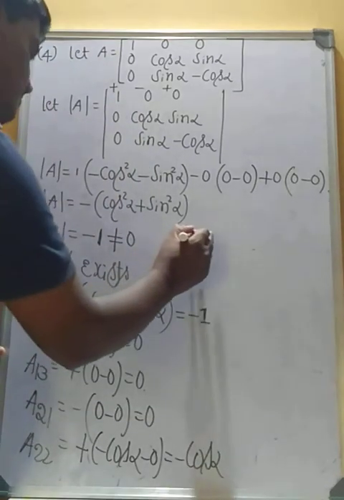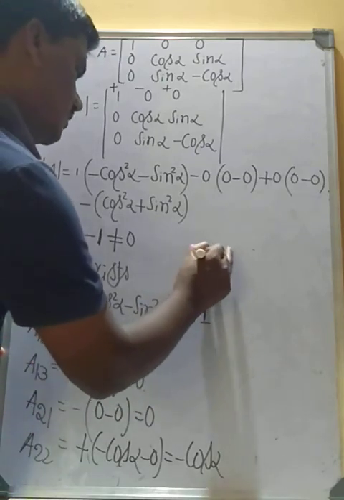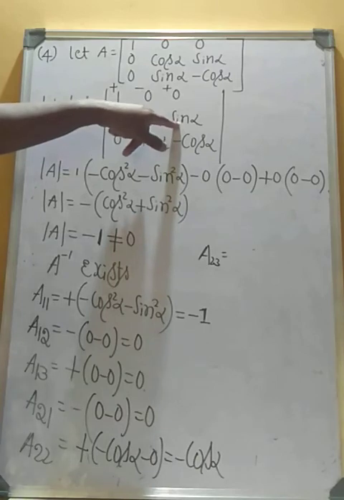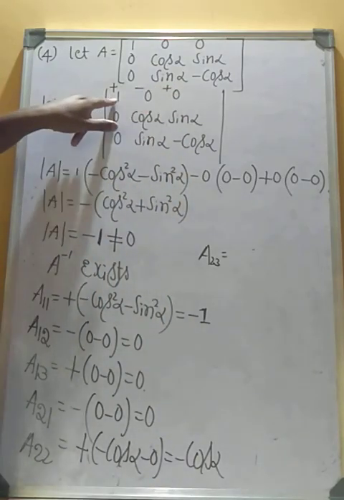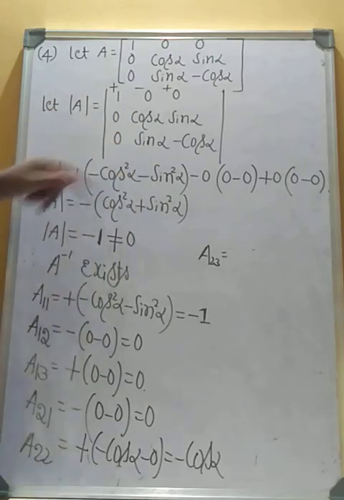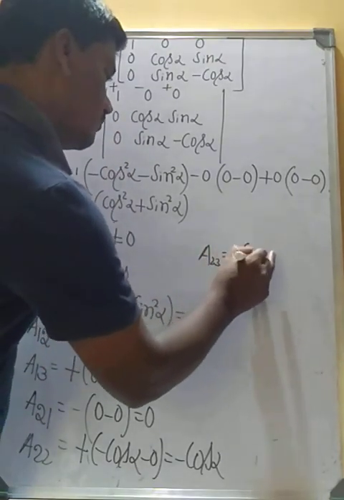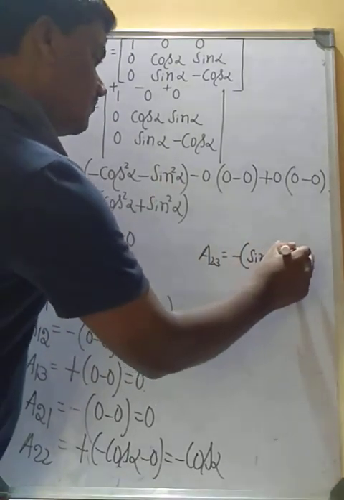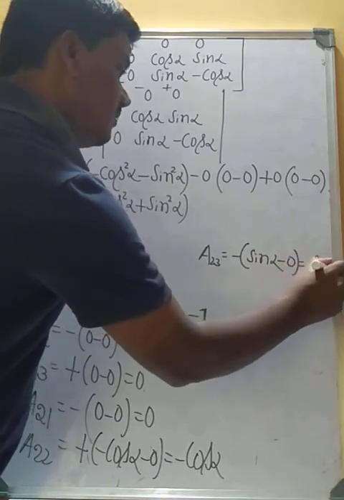The next, A23, cofactor of element sin alpha, second row third column: 1 into sin alpha, take sign minus, sin alpha minus 0 is equal to minus sin alpha.